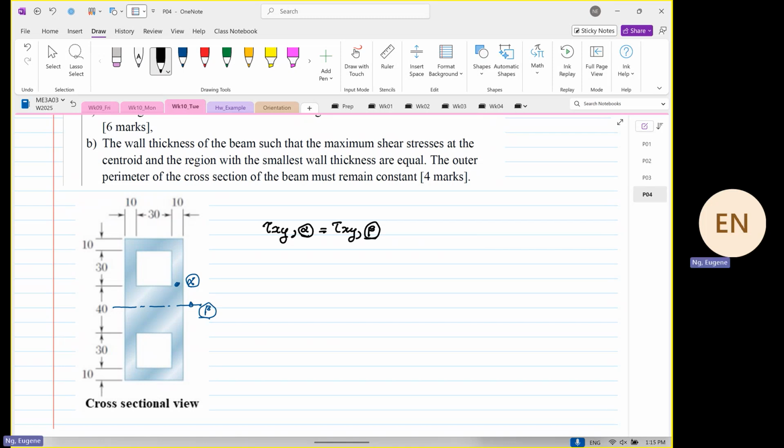So I have students telling me, Eugene, when you say thickness, it can be equal to this, or thickness can be equal to this. Wall thickness. So which one is correct?